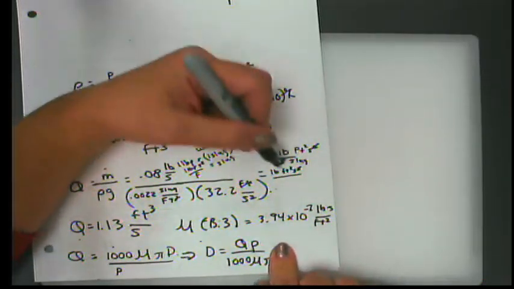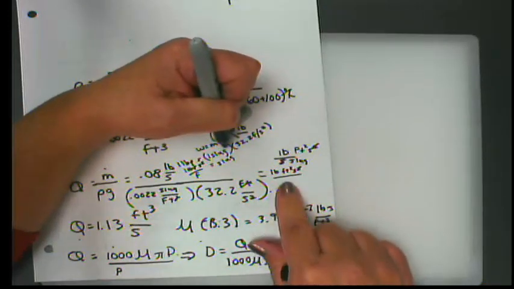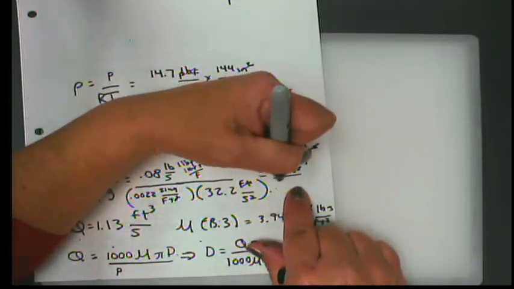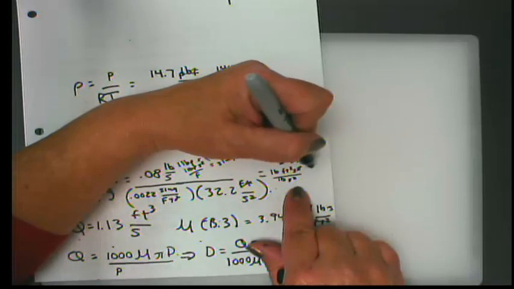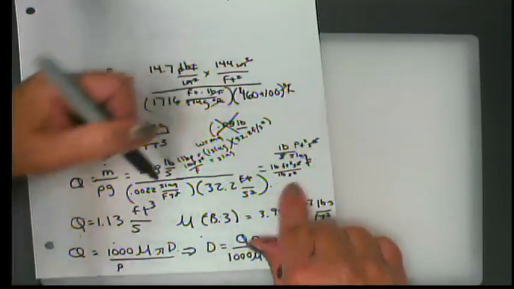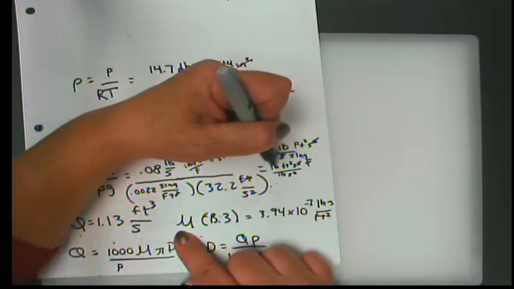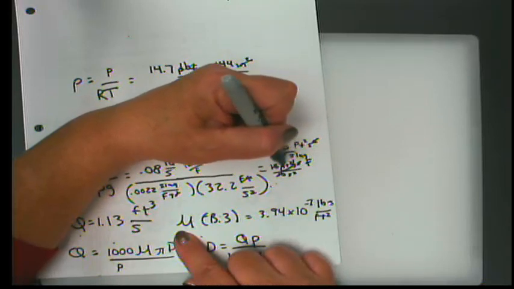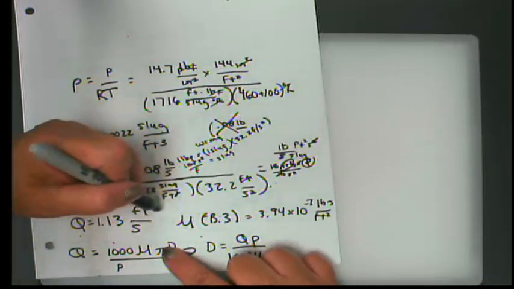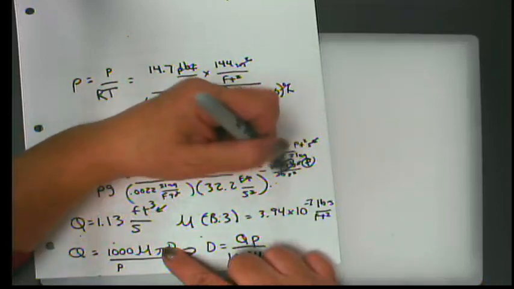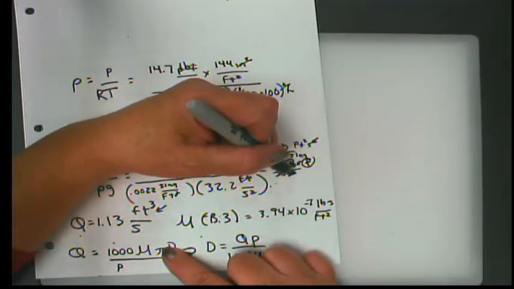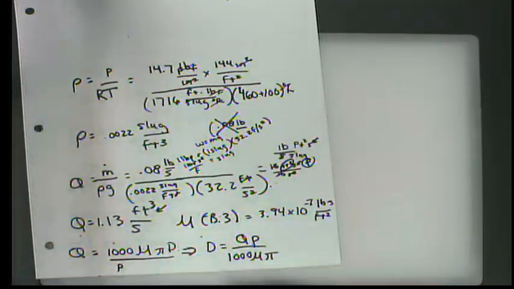Okay, and then I have my slug, which instead of writing as a slug, I'm going to write as a pound second squared per foot. And you can see then that pounds cancel, foot squared is foot to the third, and I'm left with a second. This cancels against this on the bottom. So I get a cubic feet per second, which is a good unit for volumetric flow rate.